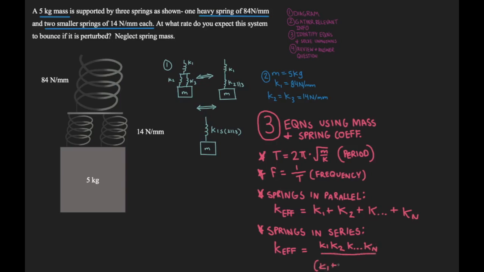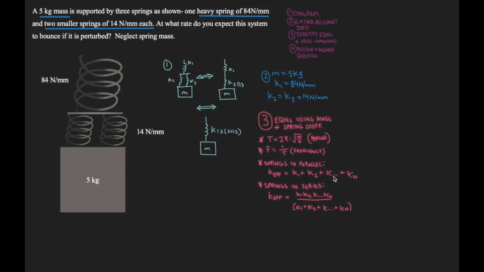So for the spring system that we're given, we first want to simplify the 2 springs in parallel, so we're going to add the spring coefficient 2 with spring coefficient 3. So that's 14 newtons per millimeter plus 14 newtons per millimeter is 28 newtons per millimeter.